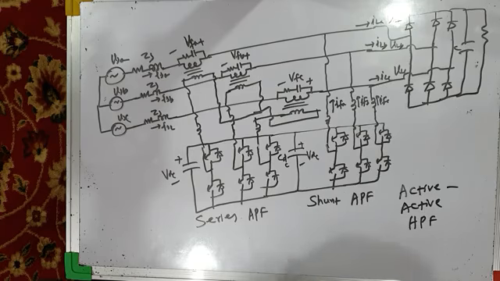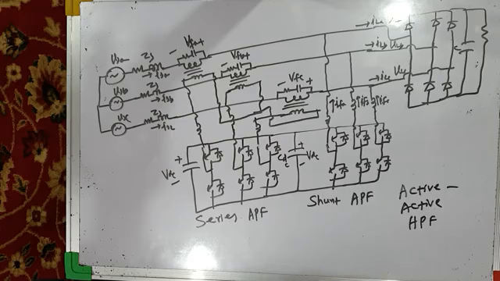So this completes our discussions on different types of active power filters. Shunt active power filter, which we have discussed in previous class, which takes care of load current harmonics, compensates load current harmonics, and provides load reactive power compensation. Then in today's lecture, we discussed series active power filter, which primarily addresses source voltage harmonics.